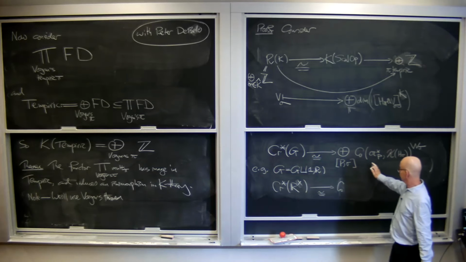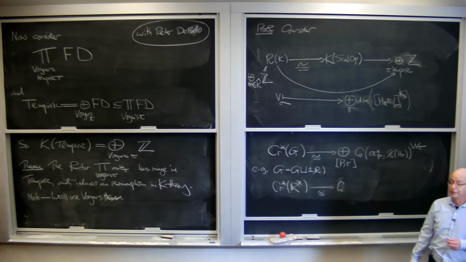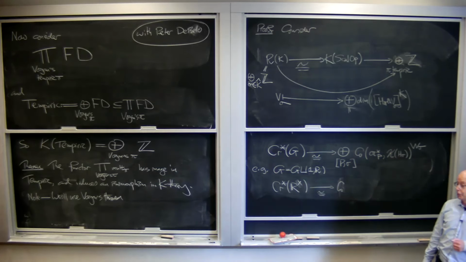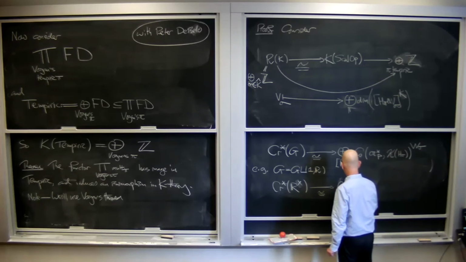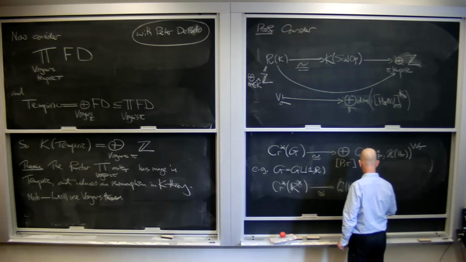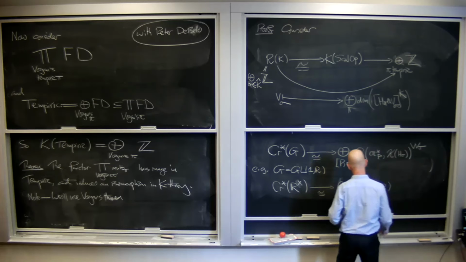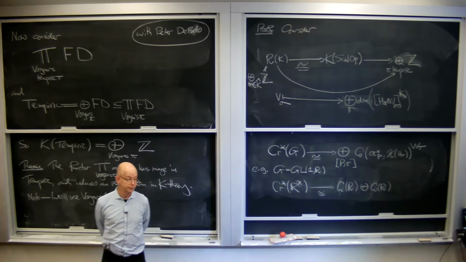So there are no discrete series. Sigma is a representation of the M group, the two element group, so it's one of two things. And what you get are two copies of the line, a copy that ought to be labeled even and a copy that ought to be labeled odd.